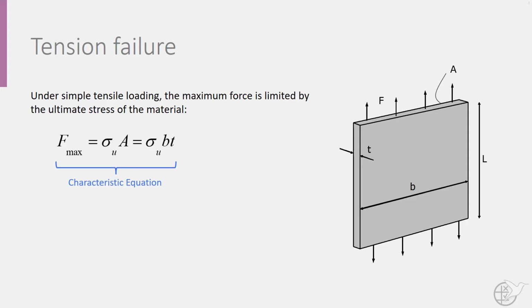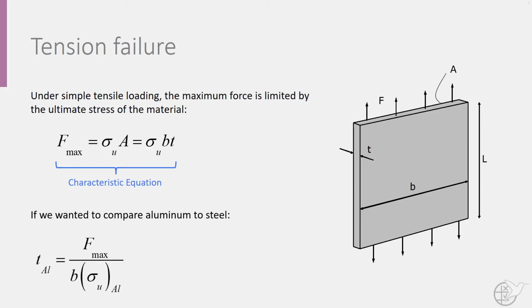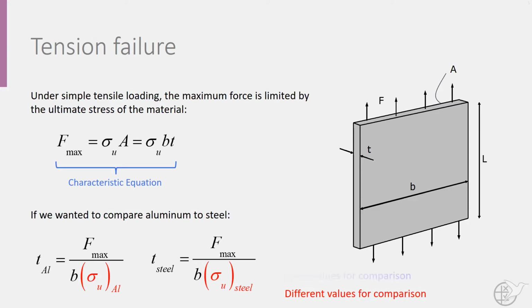If we want to compare two materials for our design, we can use the characteristic equation. Let's say we want to compare an aluminum alloy to steel. We know these materials will have different ultimate strengths, so we can substitute in the values for these two materials in order to compare them. No matter what material we choose, we want to achieve the same structural capability, so F max will be the same for both materials.